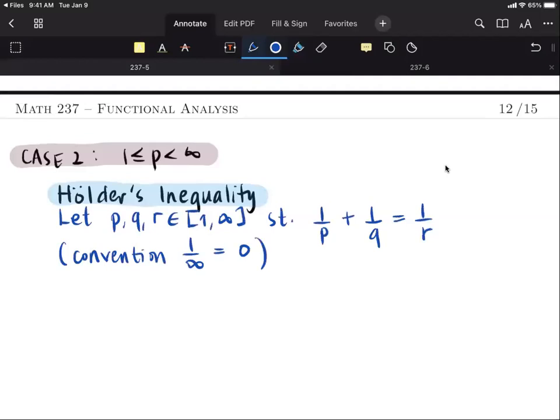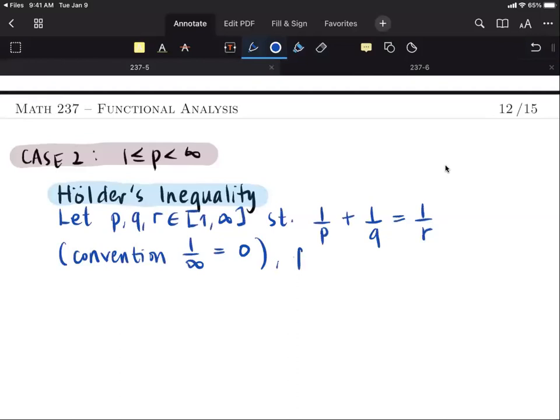So for instance, this equation is satisfied for p equals 1, q equals infinity, and r equals 1. That is our convention to make this formula work even in the case where at least one of these p, q, r is infinity.